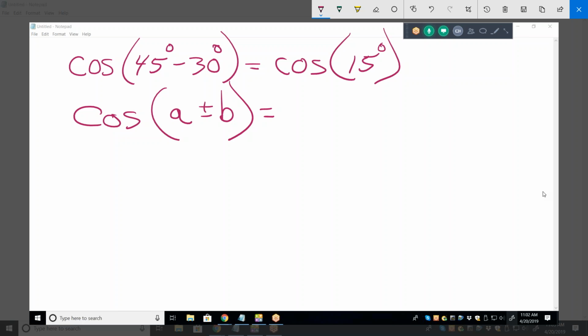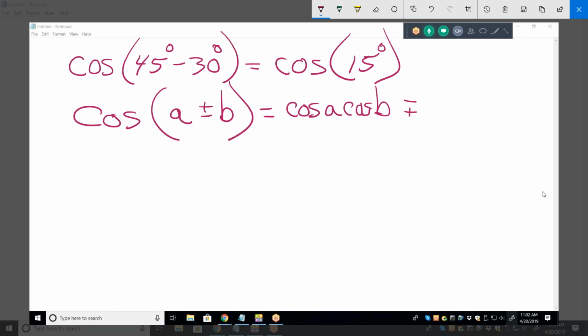What's the cosine of A plus or minus B equal to? It's cosine A, cosine B, and then the sign is opposite. It's minus or plus. In other words, if the original one was plus, we're going to do a minus.